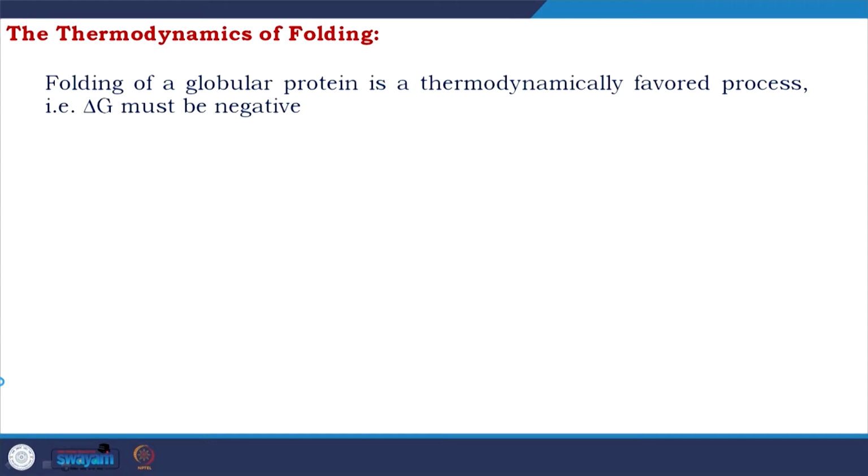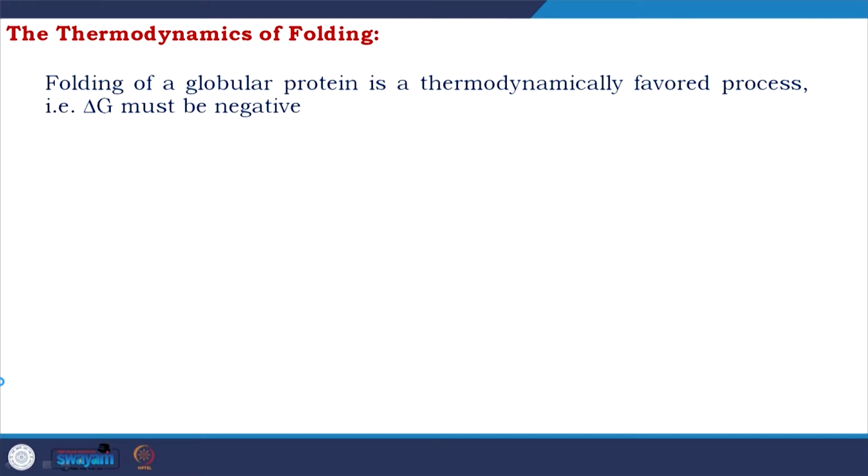What is behind this? We know the forces, but what is thermodynamics saying here? Let us check. The thermodynamics of folding: folding of a globular protein is a thermodynamically favored process, that is, del G must be negative.